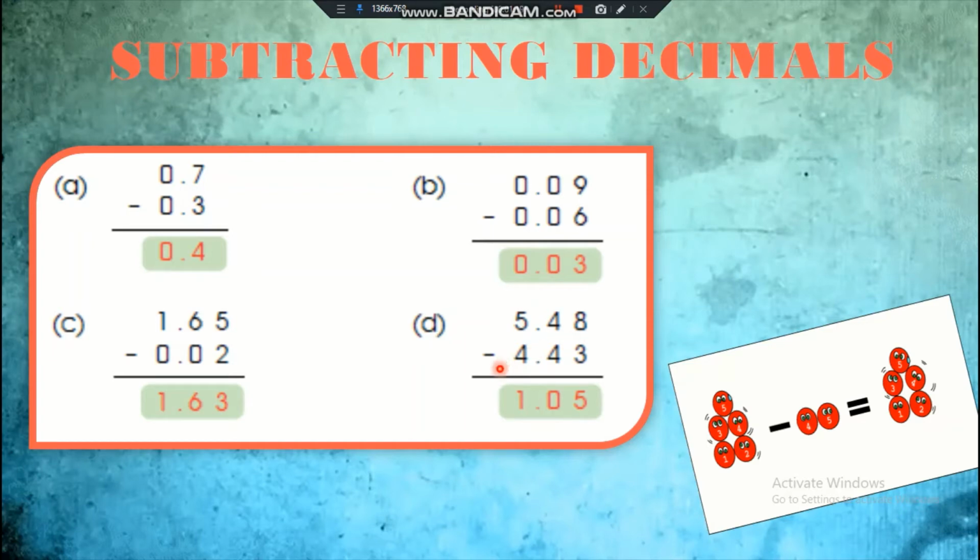5.48 minus 4.43. 8 minus 3 is 5. 4 minus 4, you are left with nothing. That means 0. 5 minus 4 is 1. And so, before 2 digits, I have the decimal point. So 2 digits before, I will add a decimal point over here.